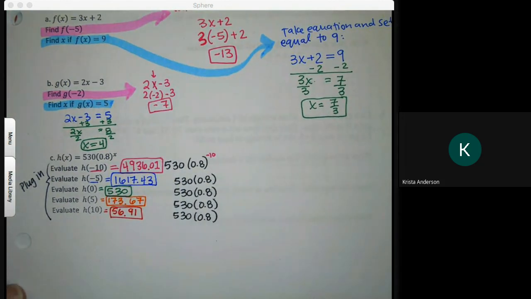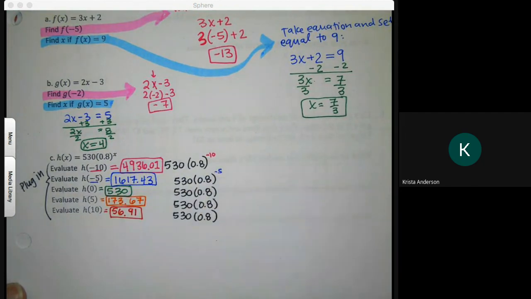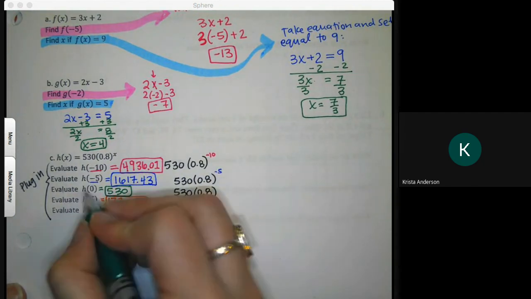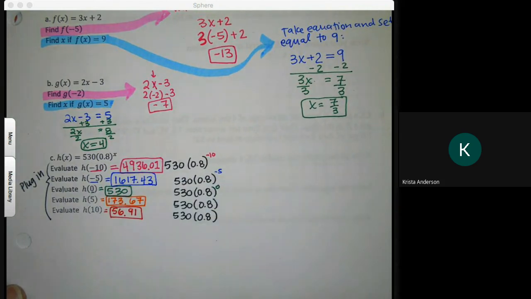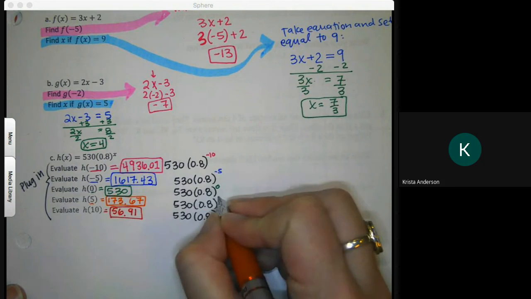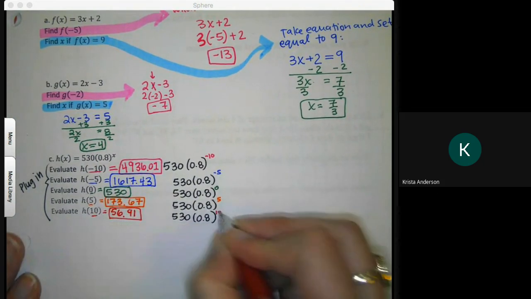So the blue one, I plugged in a negative 5. Green one, I plugged in a 0. Orange, I plugged in a 5. And the red, I plugged in a 10.